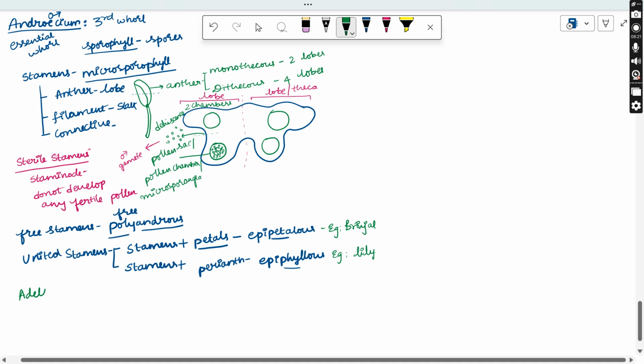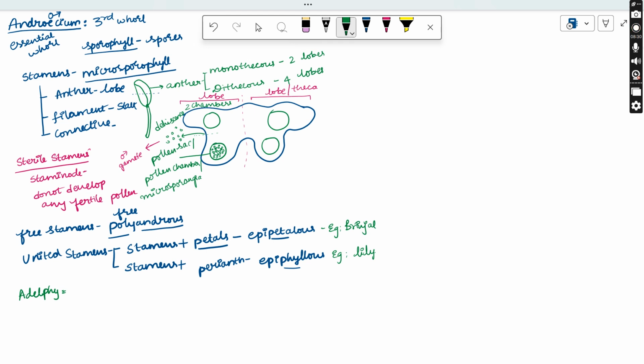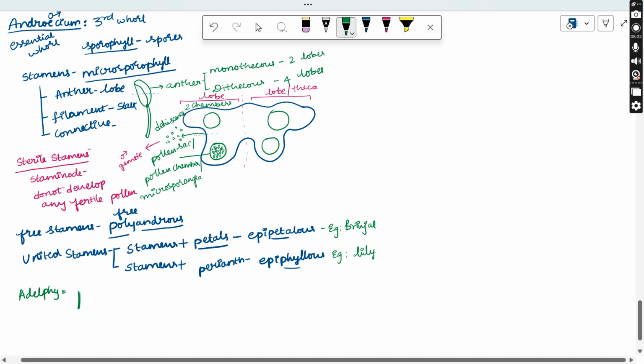So what is meant by adelphous is all the stamens are united only at the filaments, and they leave all the anthers free. Suppose this is one stamen, this is another stamen, and this is another stamen.